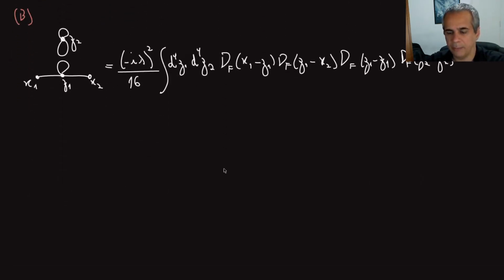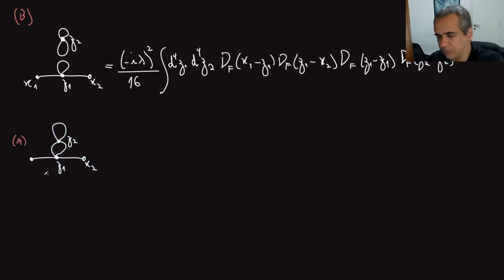Diagram A will now be in momentum space, right? So I'm thinking of just not the Fourier transform of the Green function, but really the matrix element. So I'll write this in a way that allows us to look at how the momentum integration works.